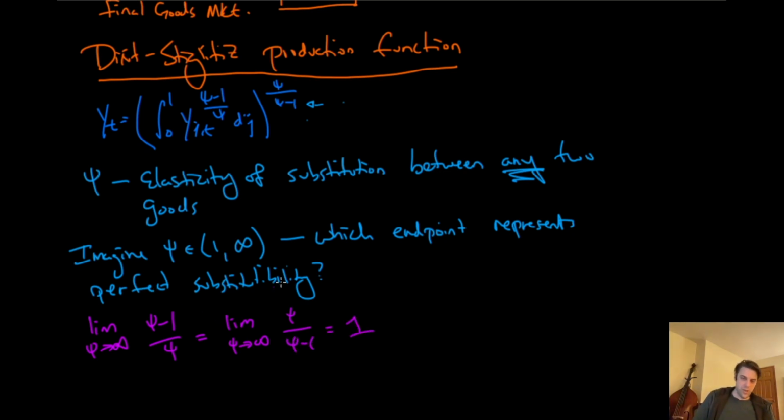Because imagine if you plug in like 10 million here, you get 10 million divided by 10 million minus 1. Well, the minus 1 is nothing compared to 10 million. So what you get out is 1. And as that number gets bigger and bigger, this 1 is going to be more and more insignificant. So you'll get to 1. And if it's 1, then you have just yjt to the 1. It's just going to be, you add up all the yjt's.